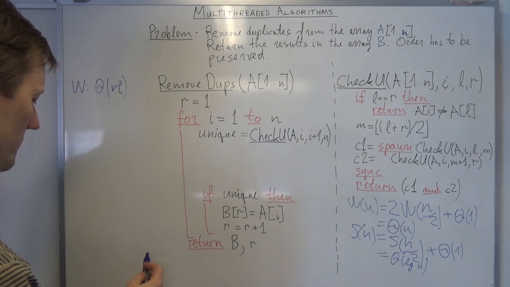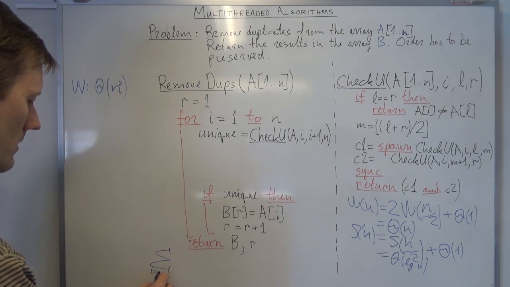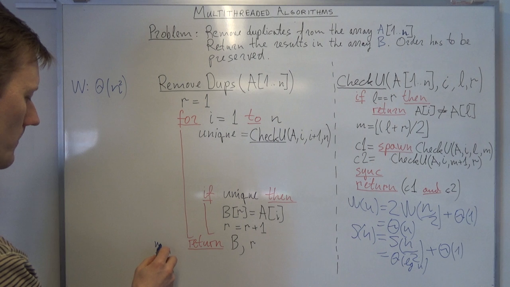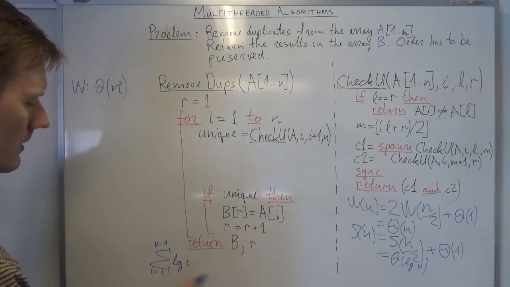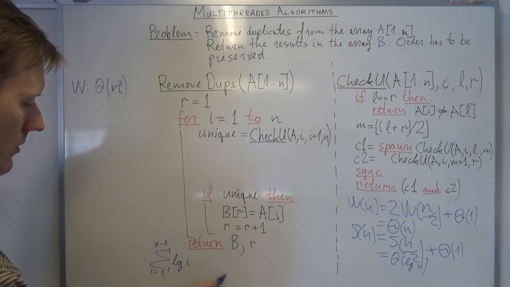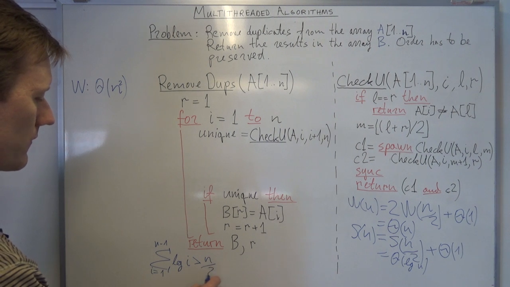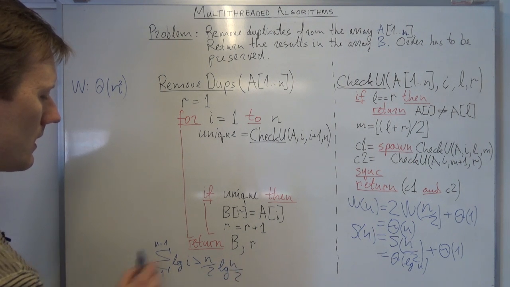So the total span would be something like this sum, the sum from i equals 1 to n minus 1 of log i, and it can be easily seen that this is more than log of n over 2.